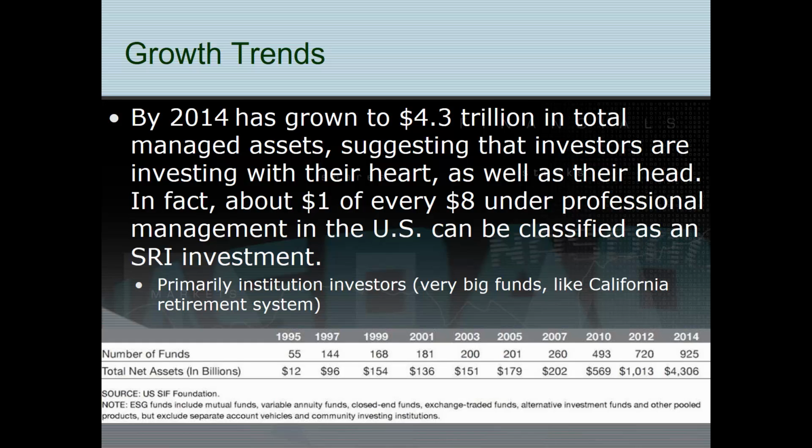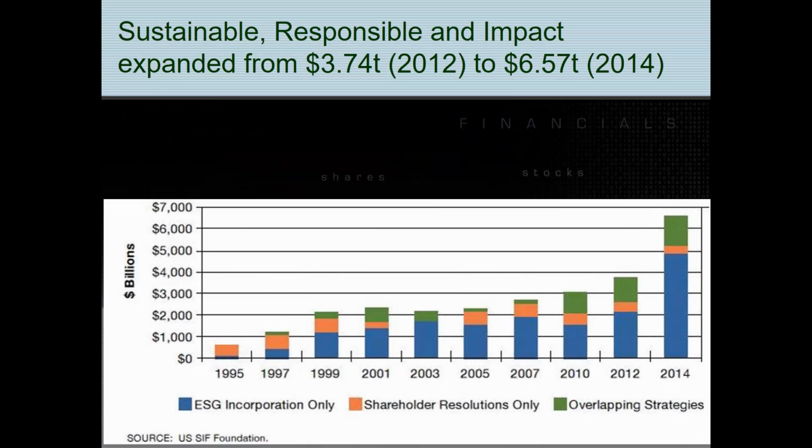I can't tell you the number of funds, but I know the total net assets right now are around $8 to $9 billion in socially responsible funds. No, trillion, 8 trillion, of course. Again, just a chart showing growth.